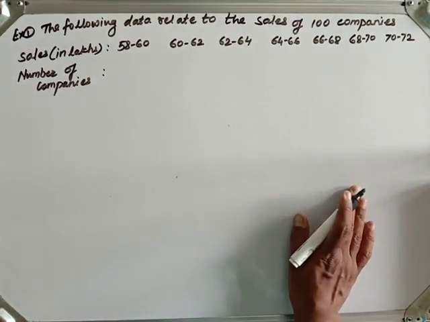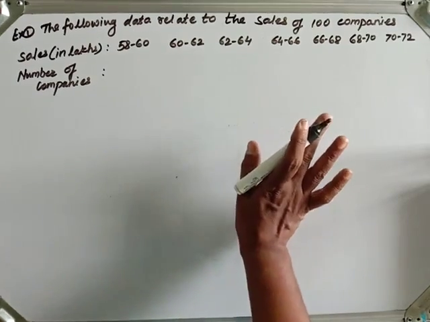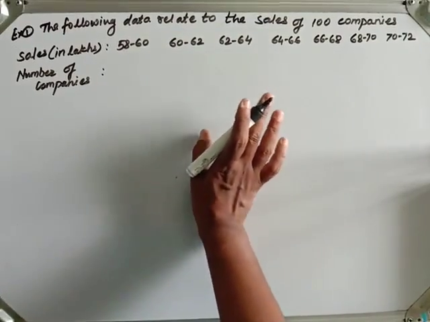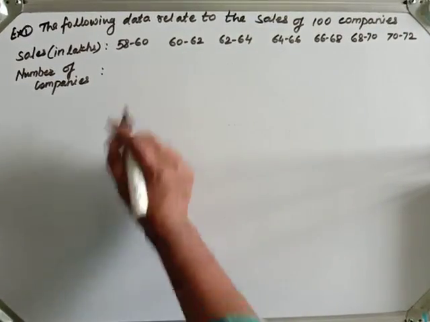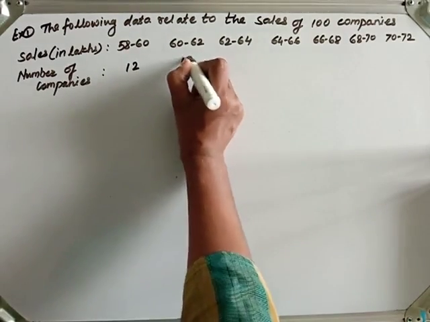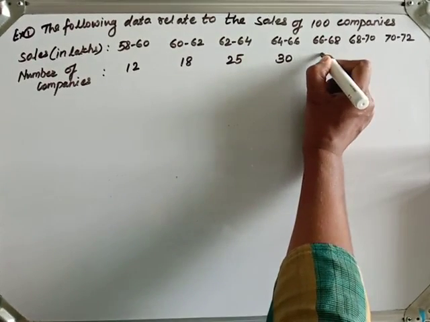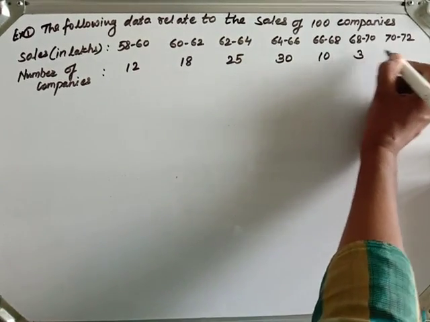These are the class intervals given to us. They are continuous with the same width, so no problem. The number of companies are 12, 18, 25, 30, 10, 3 and 2.